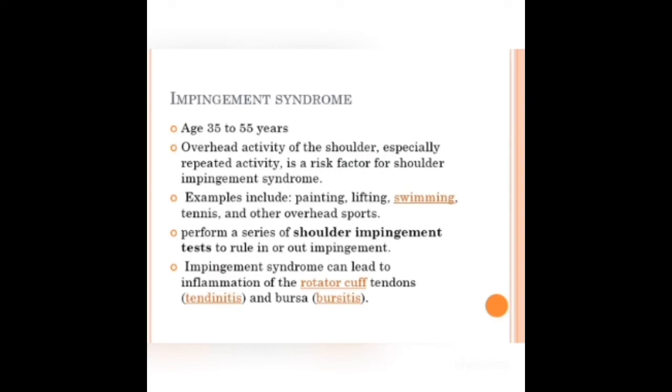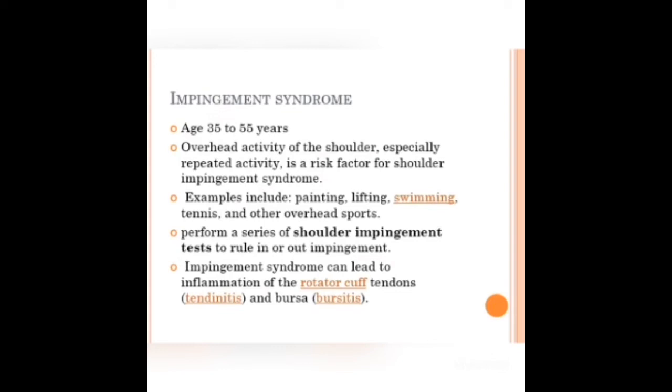This impingement syndrome is mainly noticed in people who swim, who play tennis, I mean athletes who do overhead activity repeatedly. They'll have this problem, like painters also, people who lift loads overhead. So for them also you can notice impingement syndrome.